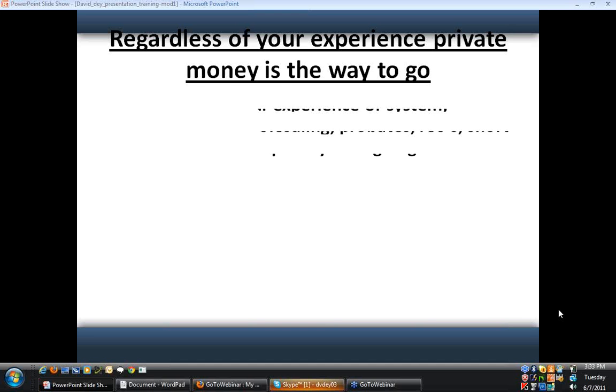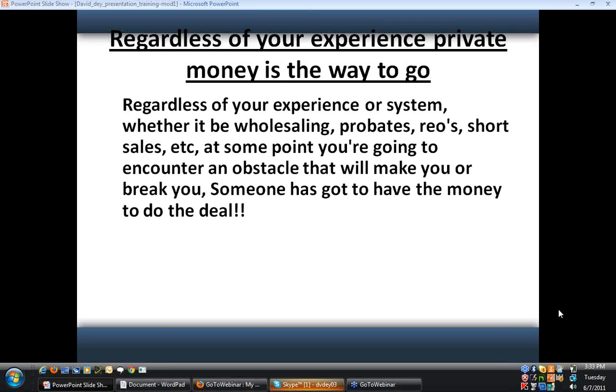But regardless of your system, regardless of your experience, whether it's wholesaling, probates, REOs, short sales, or anything like that, at some point you're going to encounter an obstacle that will either make you or break you, and that is someone has to have the money to do the deal. This is the central concept behind real estate.